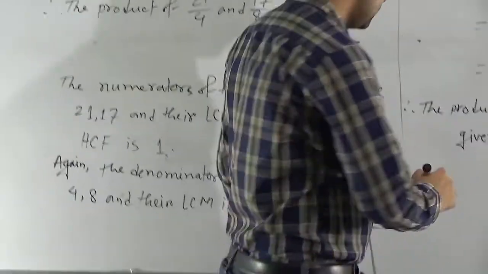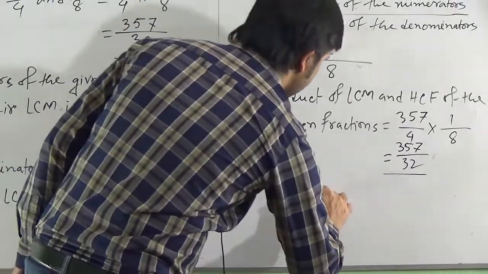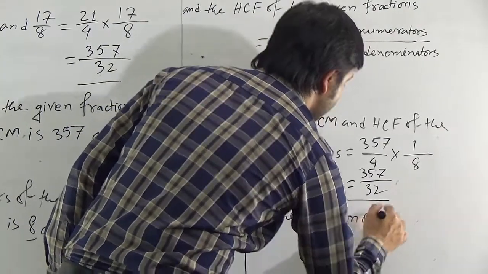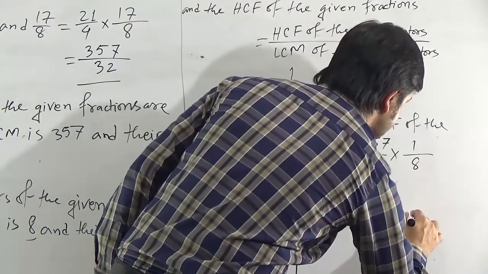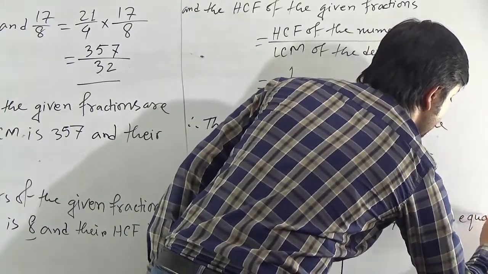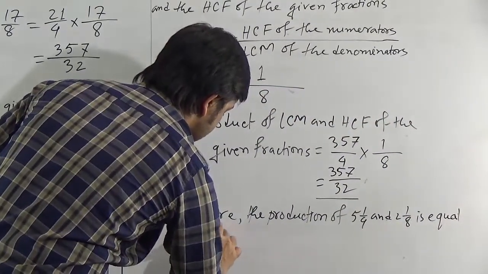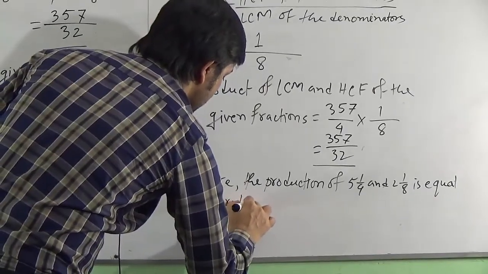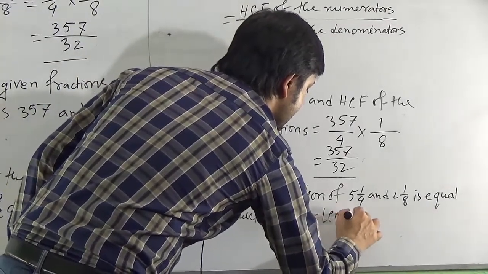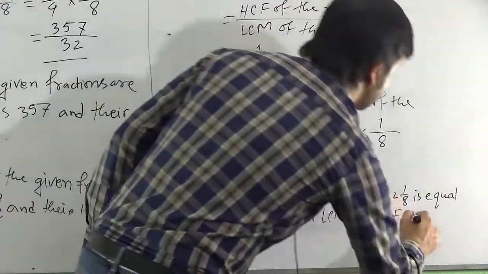So we can write here, therefore, the product of 5 integer 1 by 4 and 2 integer 1 by 8 is equal to the product of their LCM and HCF. I have shown this, so you can write here: shown.